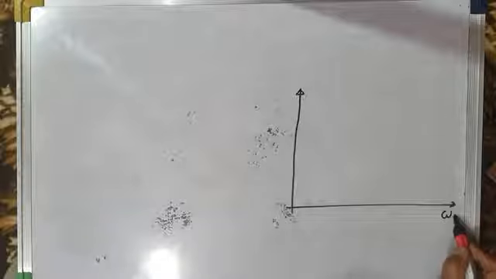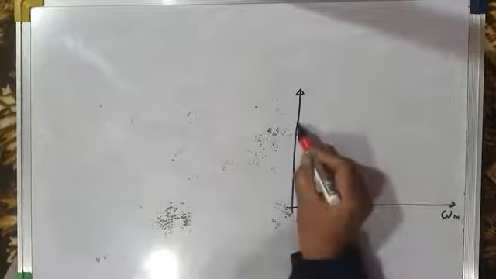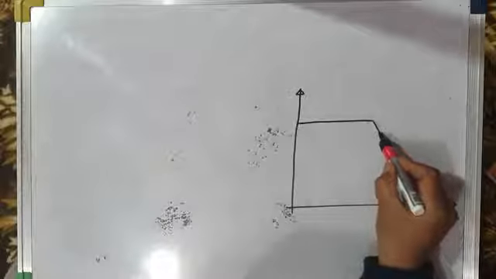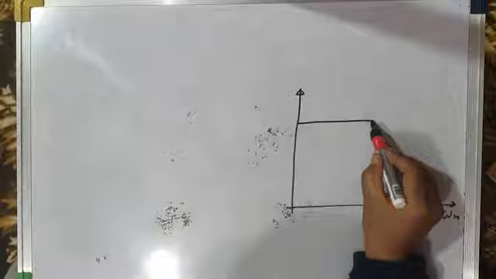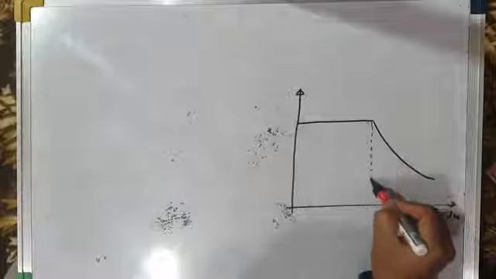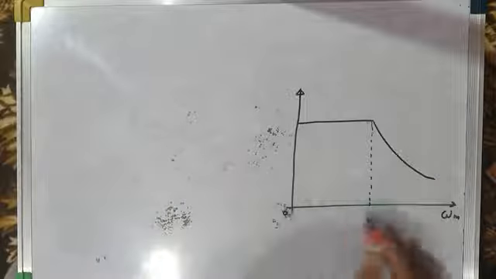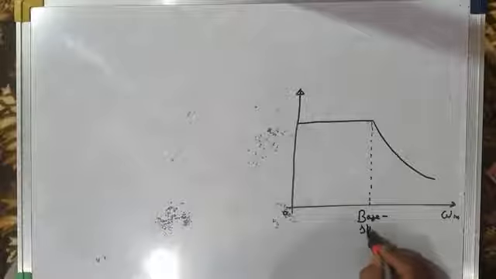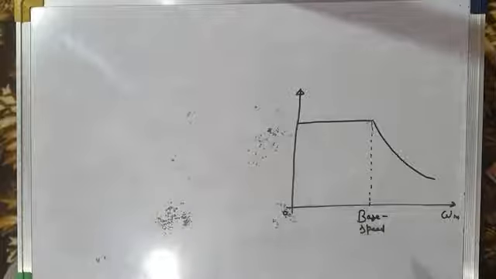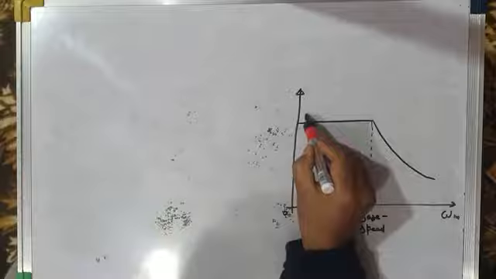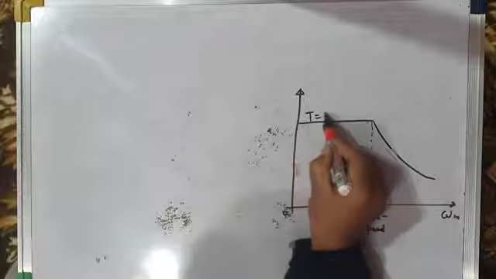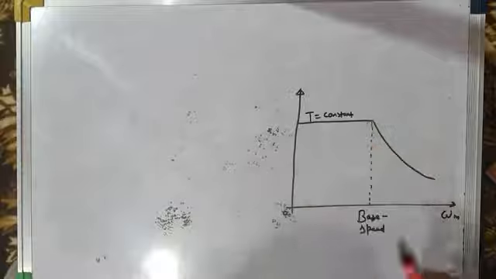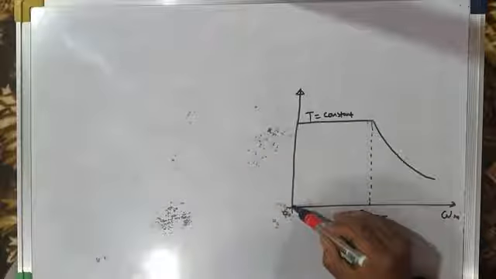Let us say this is the speed. So you will get constant torque up to base speed. This is base speed. Let me first of all draw, then I will explain. So this is base speed, that is the rated speed. So this is constant torque. T is constant up to base speed, but power is not constant.